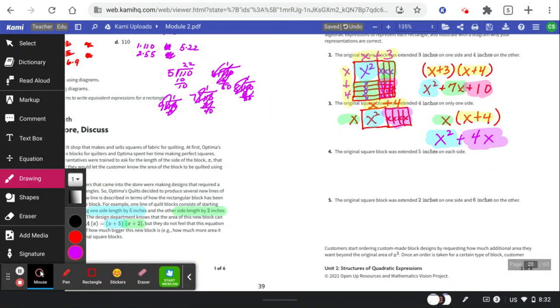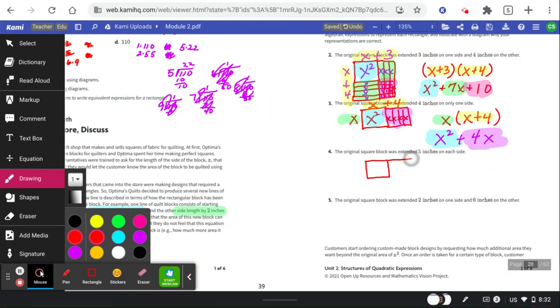The original block extended by 5 inches on either side. That's the x plus 5 squared, perfect.